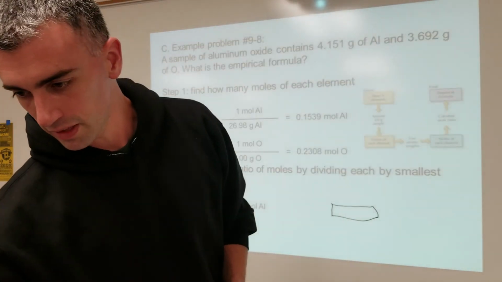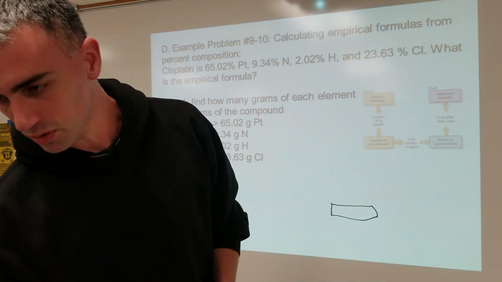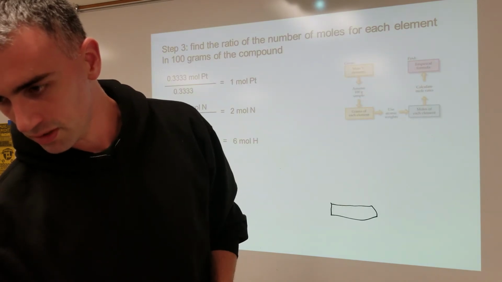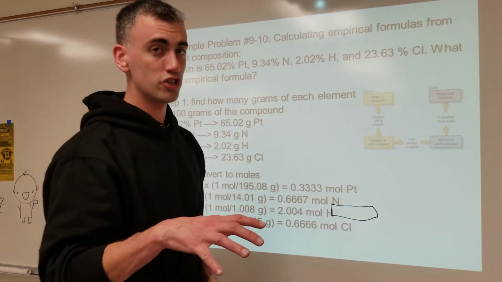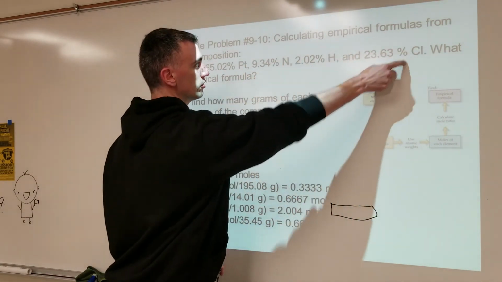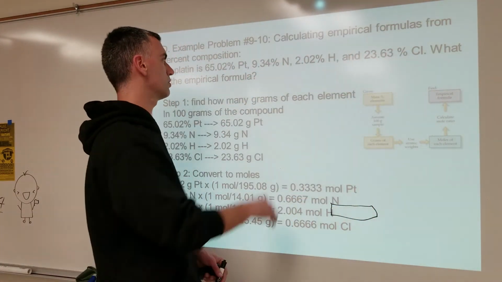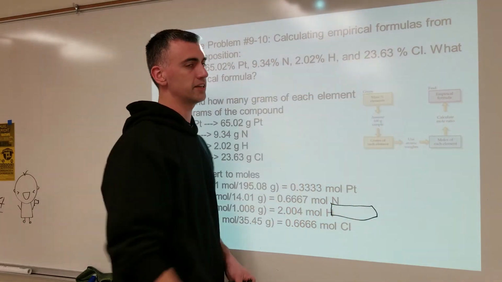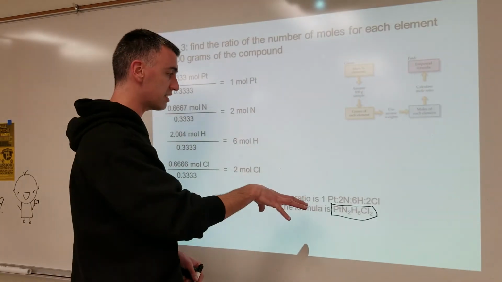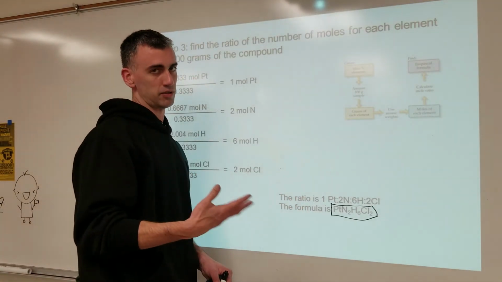Now, if you have a formula with multiple chemicals where you wouldn't have any way of knowing that, especially an unfamiliar compound, we will generally do the favor of putting it in the order that we want you to put it in when you do your final formula. So we're looking for platinum, nitrogen, hydrogen, chlorine in that order because you, the viewer, would probably not be familiar with this chemical and therefore not have any way of knowing how it goes together.